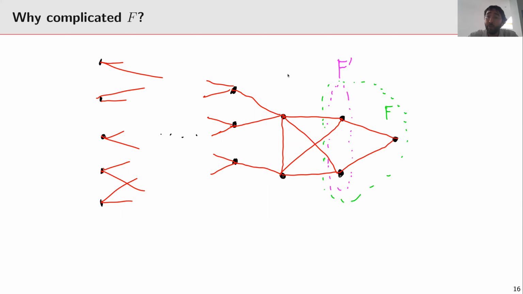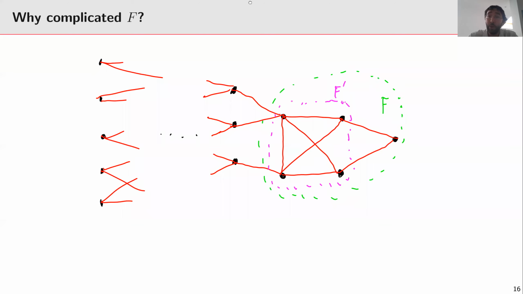It turns out not, and the reason is if I look at this graph, it has this very dense spot here. If I try and apply Spencer's theorem, what I will find is that the density conditions are not satisfied, and the reason is that there is this very dense spot.